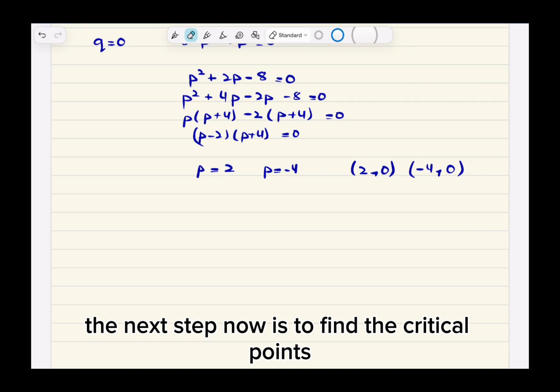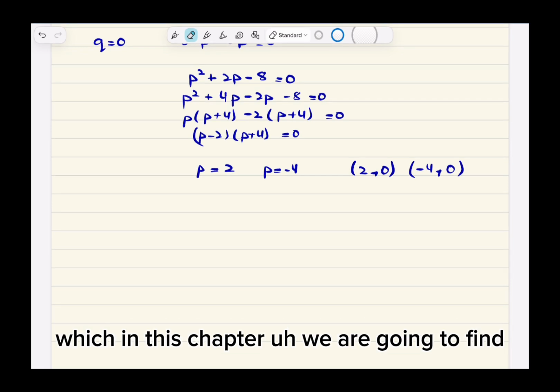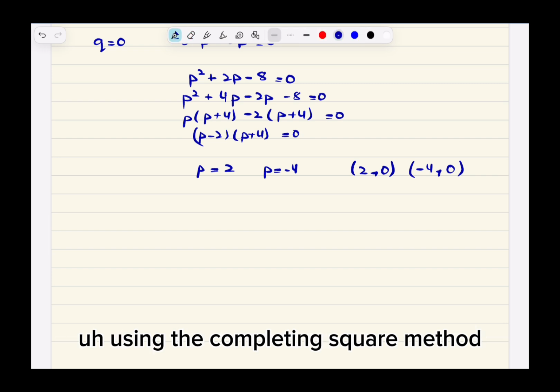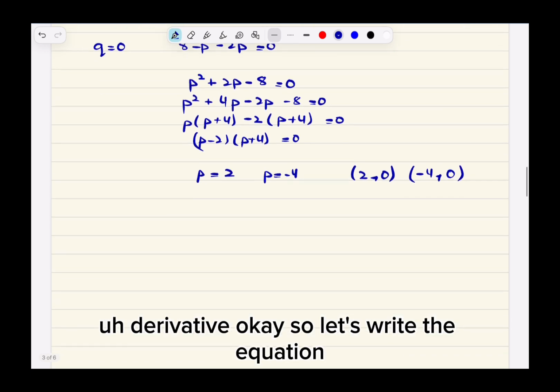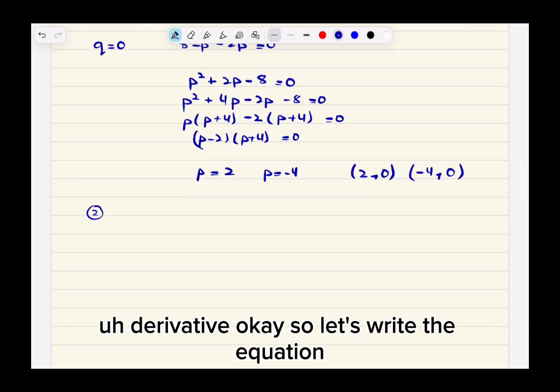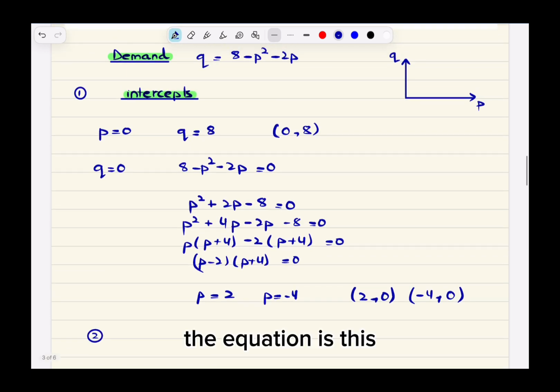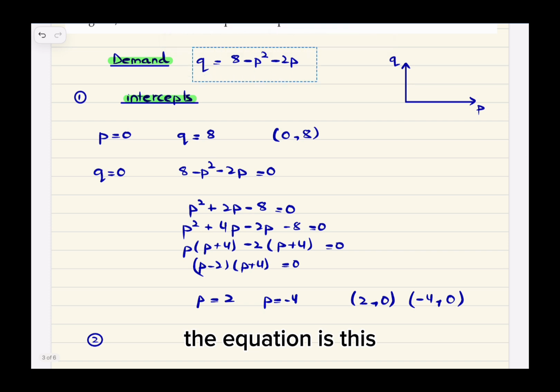The next step now is to find the critical points, which in this chapter we are going to find using the completing square method, and we won't use the derivative. So let's write the equation.